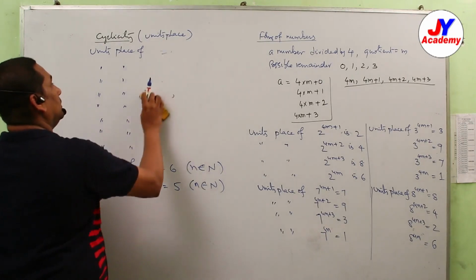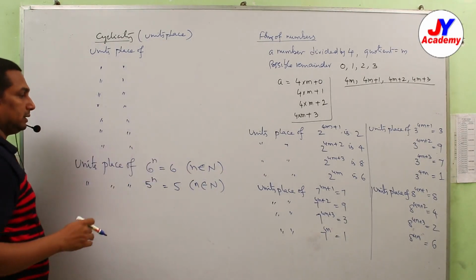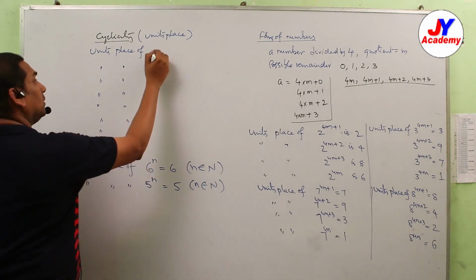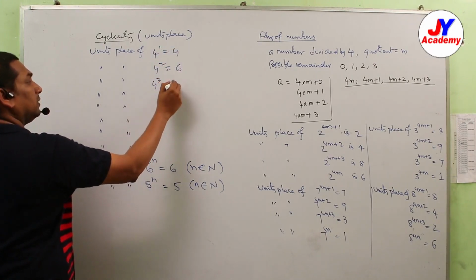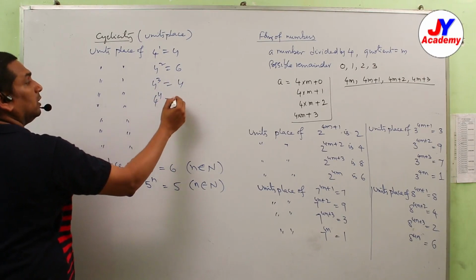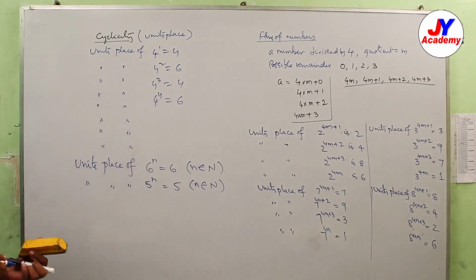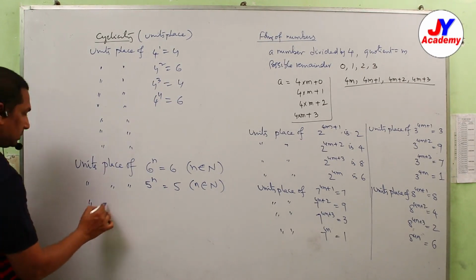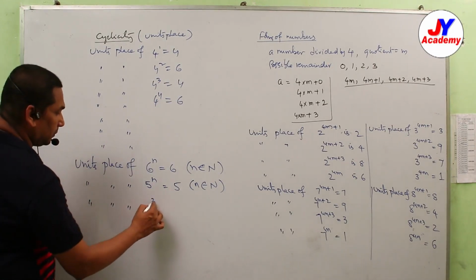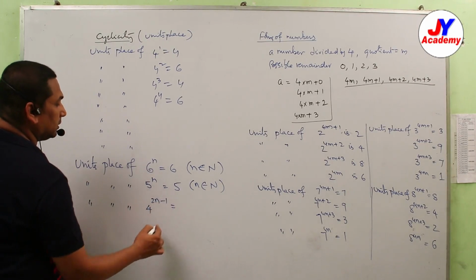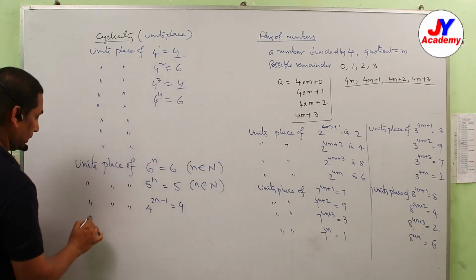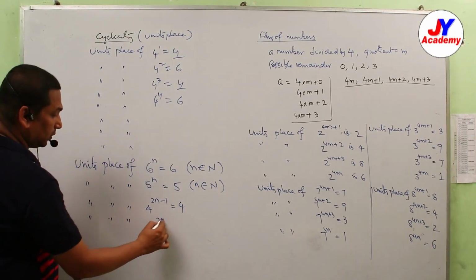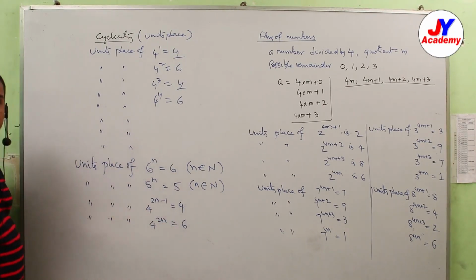Now 2 more digits remain, that is 4 and 9. 4 power 1 is 4, 4 power 2 is 16, 4 power 3 is 64, 4 power 4 is 256. What do you observe here? For 1, 3, 5, 7, these are odd, so the units place of 4 power 2n minus 1, odd, is 4, and the units place of 4 power 2n, even, is 6.